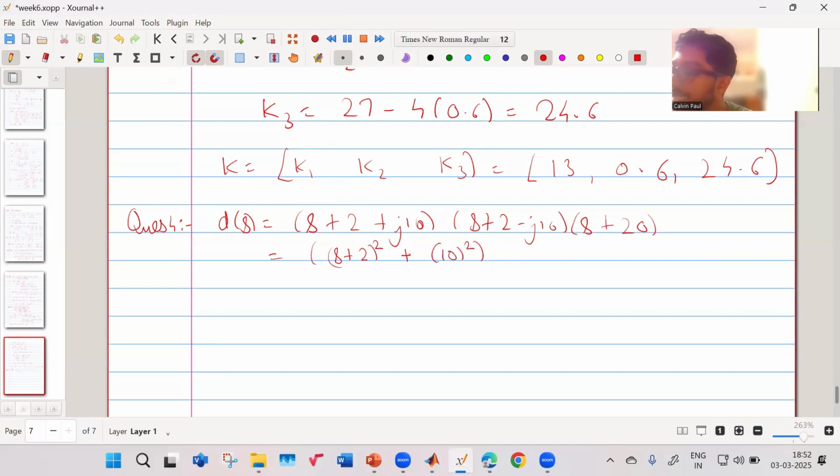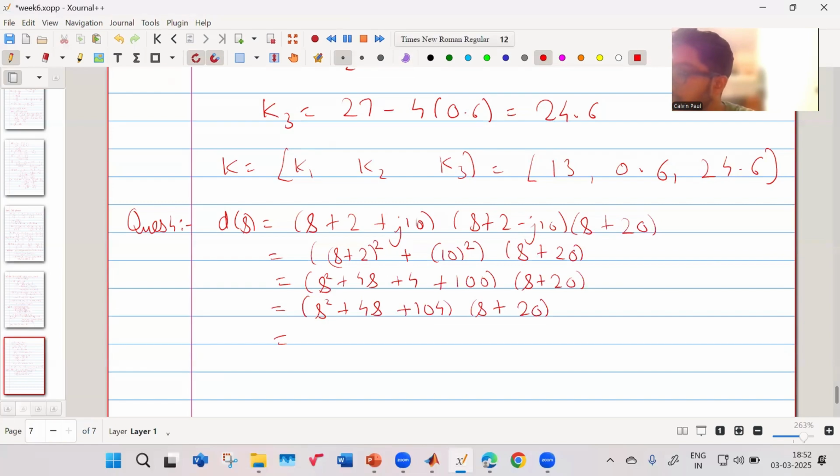The rest gets cancelled. You don't need to multiply here and there. And this is s plus 20. So this actually is s square plus 4s plus 4 plus 100 into s plus 20. So that is equal to s square plus 4s plus 104 into s plus 20.